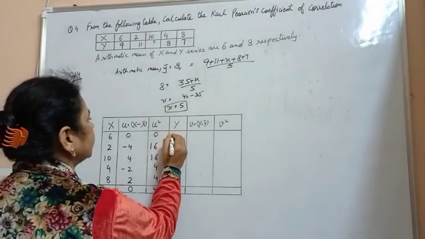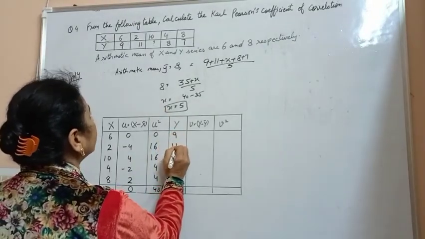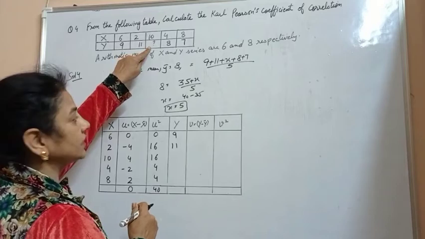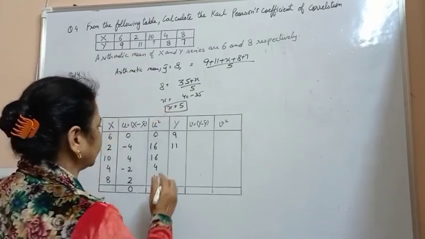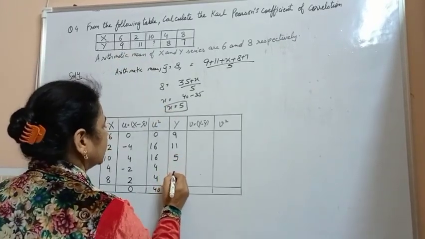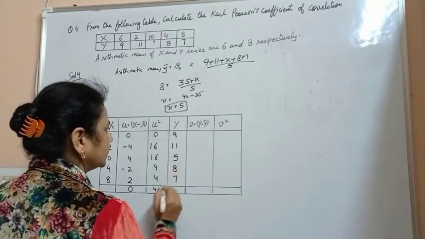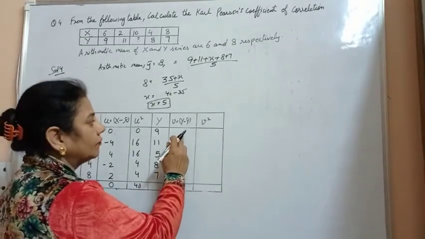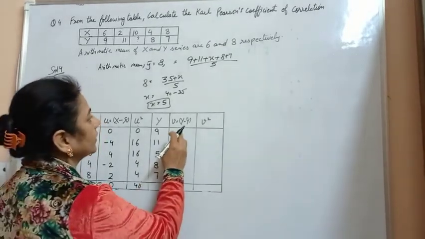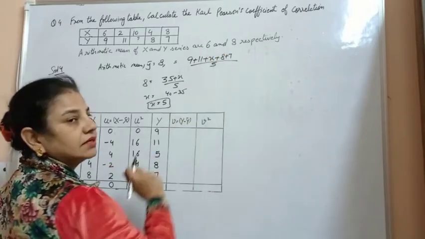For the y series we have 9, 11. Instead of the unknown observation we have already calculated 5, so I put it over here, 5, 8 and then 7. Y minus arithmetic mean. Arithmetic mean for y series is 8.